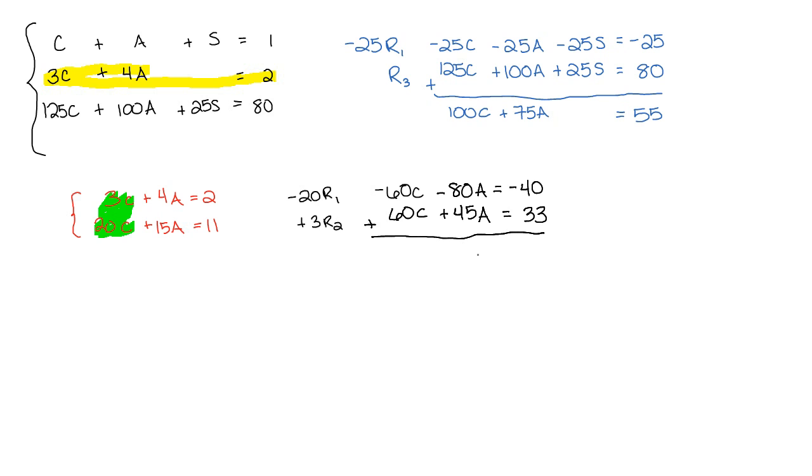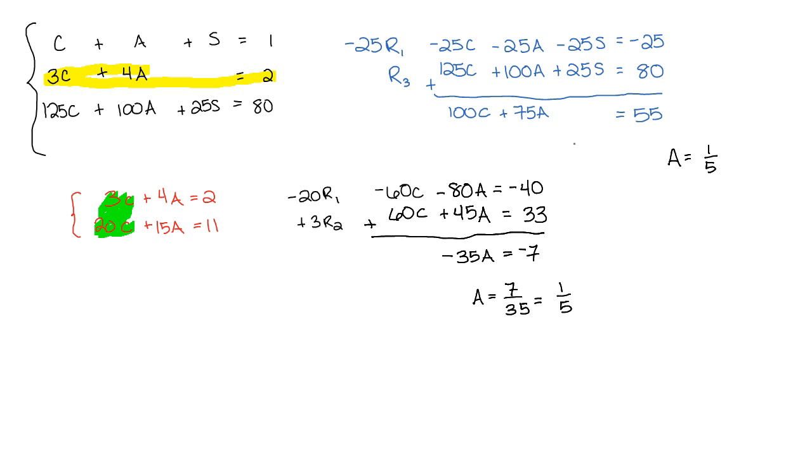Add these up, the c's cancel. This should be negative 35a, and you add these up, this will be negative 7. So that implies that a is 7/35. That reduces to 1/5. So I know that the amount of apricot nectar should be 1/5 of a quart.